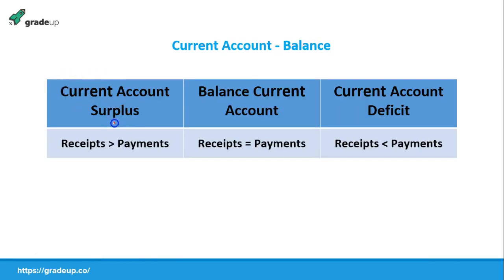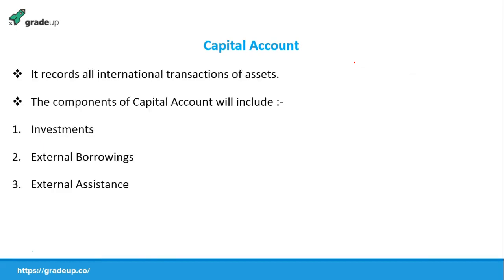Current account surplus means receipts are more than payments, balance means they are equal, and current account deficit means our payments are more than our receipts, so the country is in a borrower situation. Now, the capital account records all international transactions of assets.